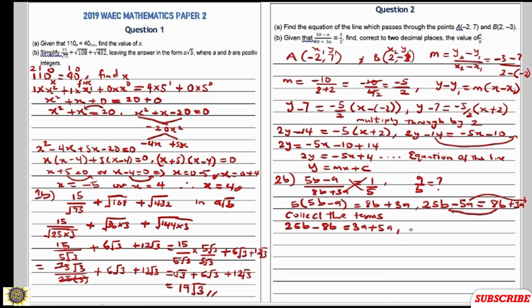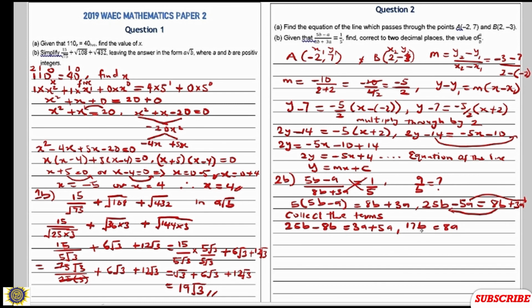So we have 25b minus 8b, that is 25 minus 8 to give you 17. So we have 17b equal to 8a. Now don't forget to express this in terms of a over b.